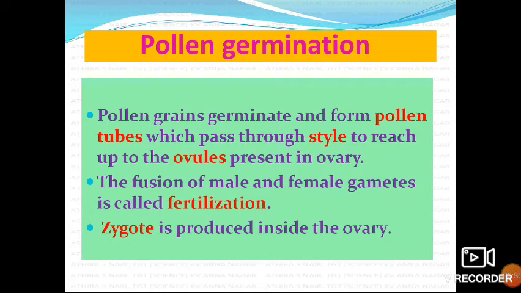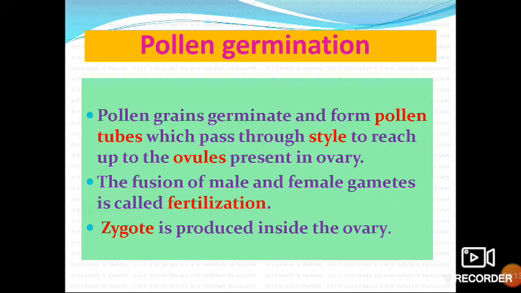Pollen germination. Now we learned about pollination, that is the transfer of pollen grains from the anther to the stigma. After reaching the stigma, the pollen grains will absorb some nutrient materials. The stigmatic exudate has some protein and other nutritious materials.